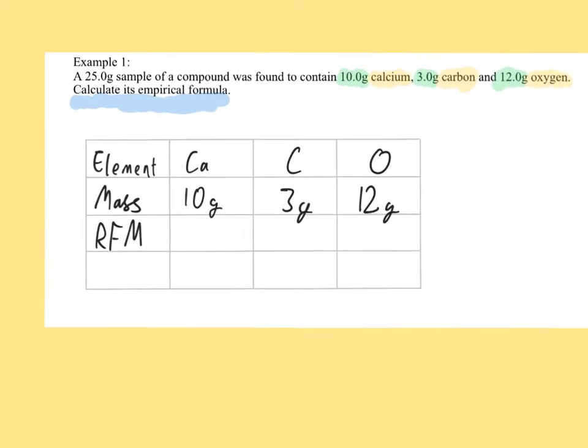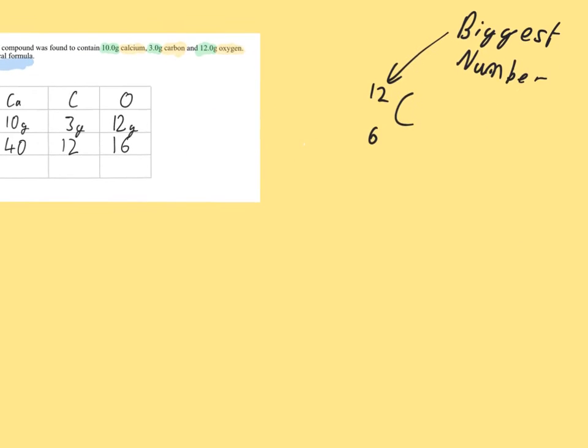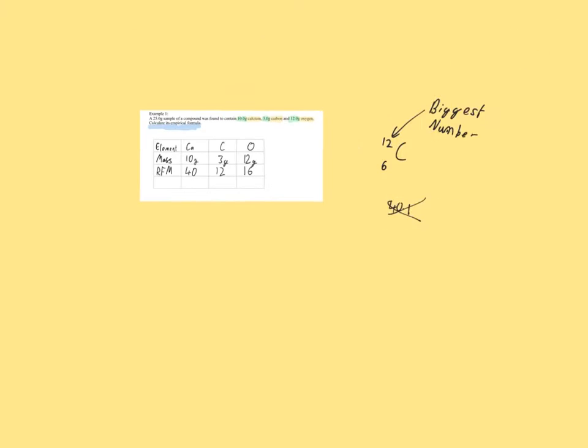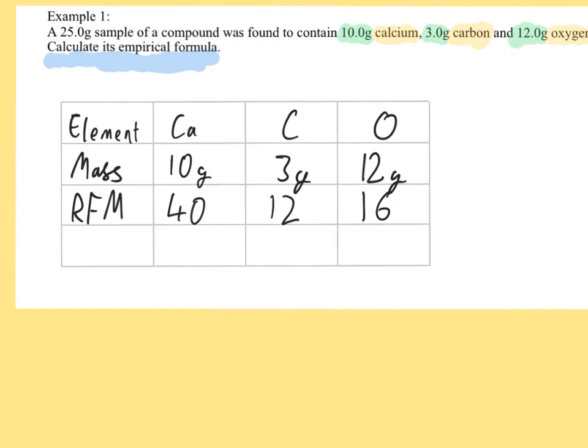So for calcium, it's 40. For carbon, it's 12. And for oxygen, it's 16. Calcium also does have a mass of 40.1. However, for this example, I'm only using the non-decimal versions of these numbers.